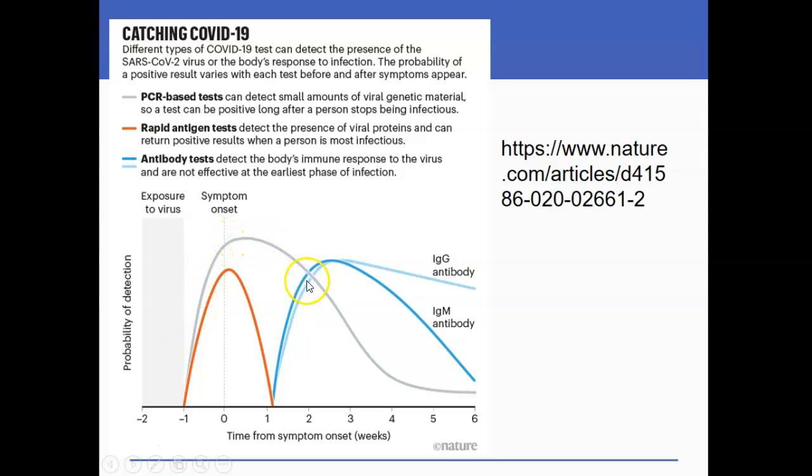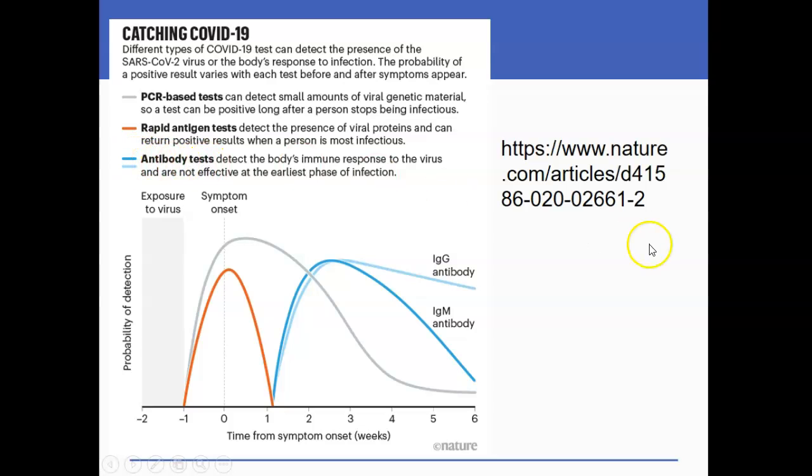And as long as you've got viral genomes, you'll be able to see it. So you can see it quite a while. Whereas those antigen tests, they're only going to be present if you have enough of that protein, so it's a much smaller window. And then we also see over here that there's these antibody tests.